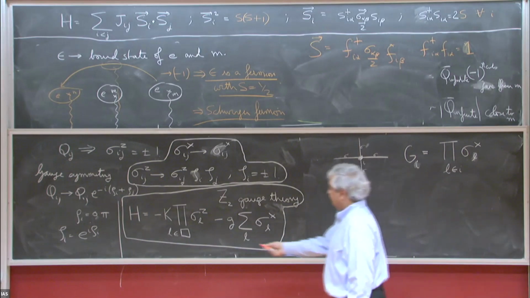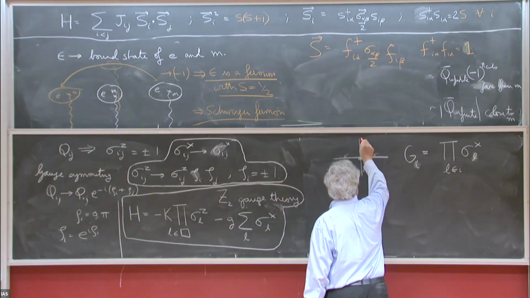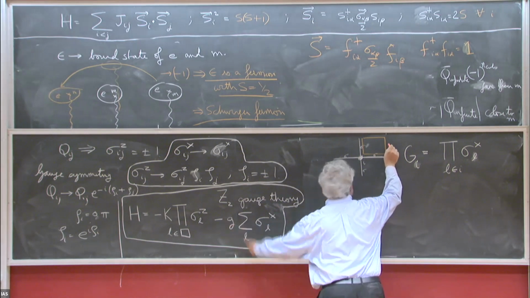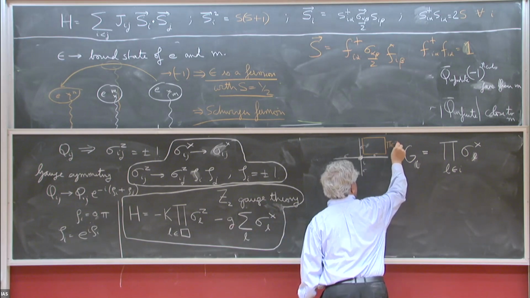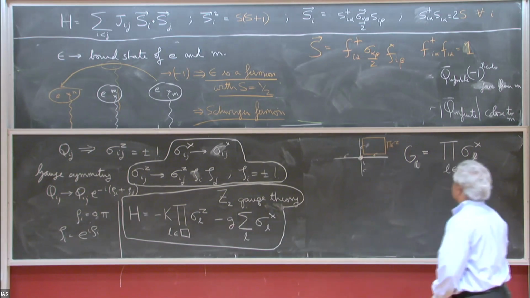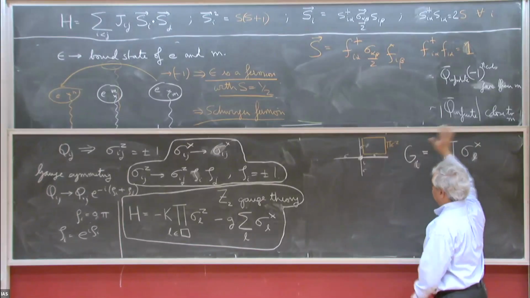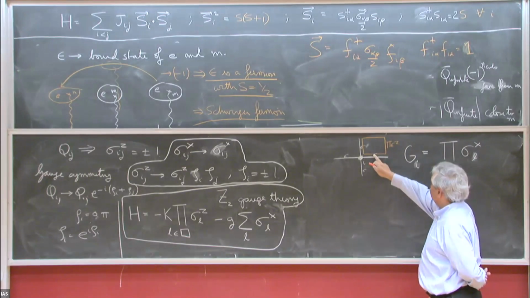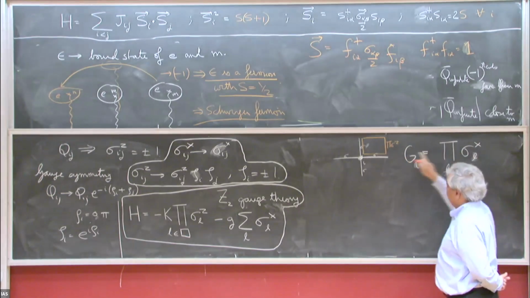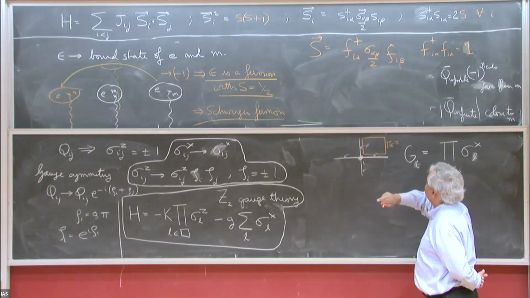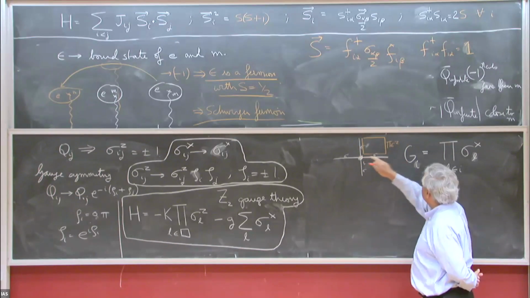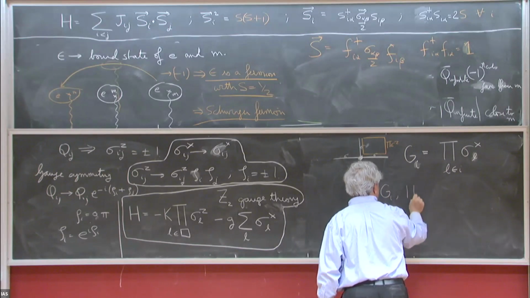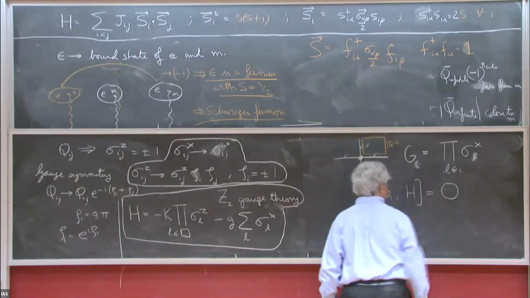So if I take this plaquette and the product around it of sigma z, or if it was a plaquette far away, of course it commutes, but this is the only dangerous one. Now what you notice is that this sigma z anti-commutes with this sigma x, and this sigma z anti-commutes with that sigma x, and therefore this whole thing commutes. So you can just check that the commutator of G_i with the Hamiltonian is 0.